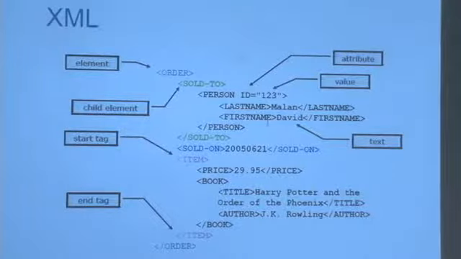XML is very useful because it allows the user to create tags that are meaningful for human readability. So these order and sold to person tags are not something that comes with the server. These are just whatever the user thinks is useful for someone to read and understand what this XML code is.